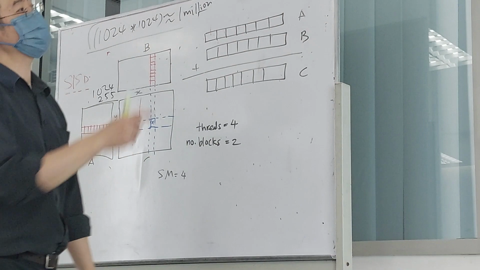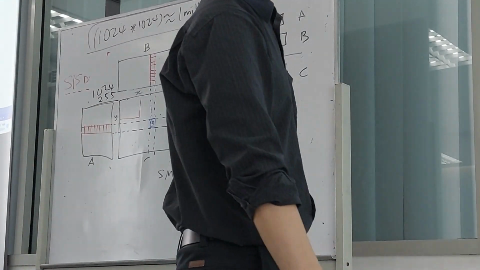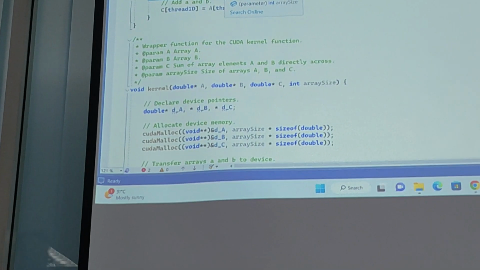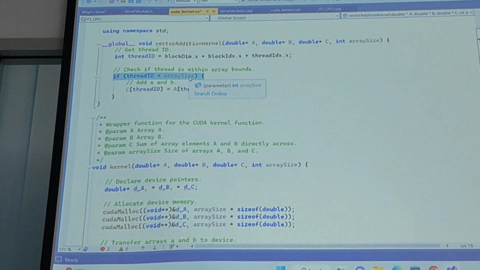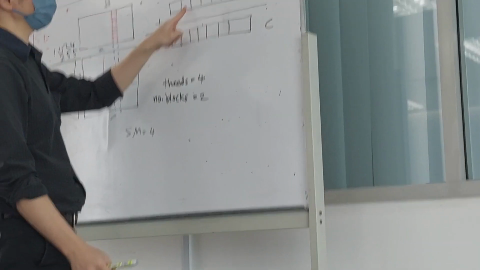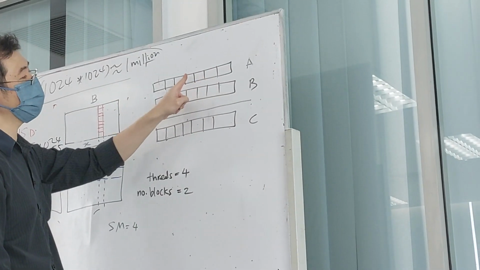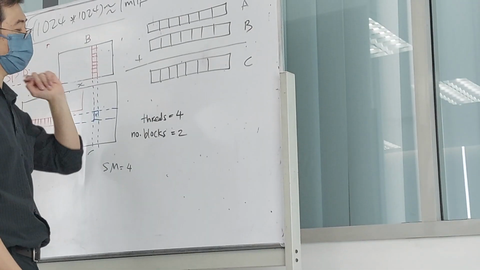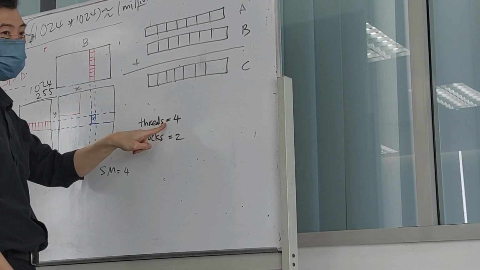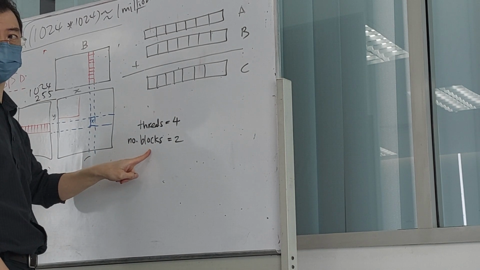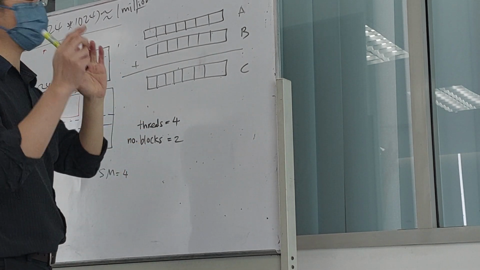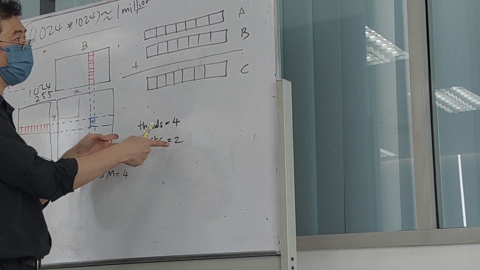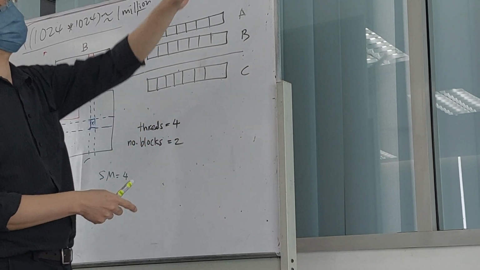Okay? So let's talk about the simpler one rather than this complicated one. For example, in this case here, if I want to find out which of these elements I execute, and I'm using threads of 4, the number of blocks is 2. Because remember what I mentioned to you, if you organize it this way, then it will affect your programming.